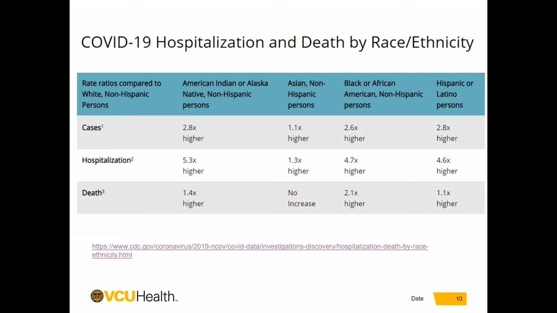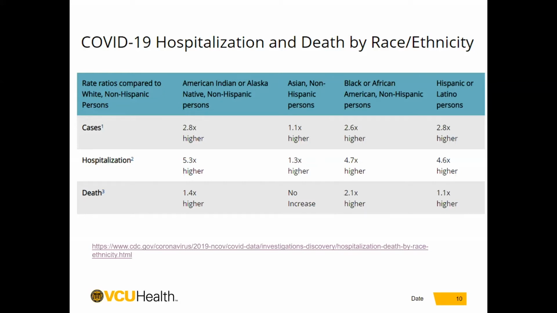This chart basically shows that when you do a comparison on Brown cases, hospitalizations, and deaths, what you see are disturbing statistics. Whereas American Indians and or Alaskans or natives have 5.3 times higher the hospitalization rate than whites.